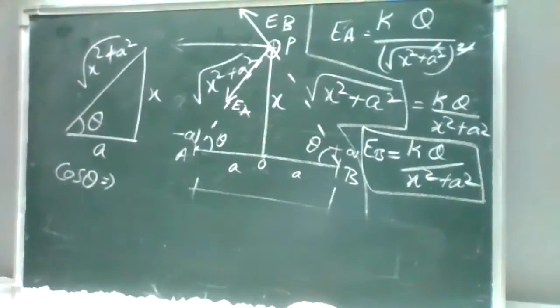What is cos theta in this right angle triangle? What is the formula for cos theta?